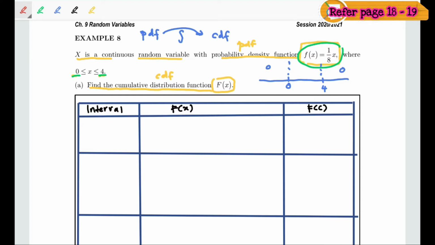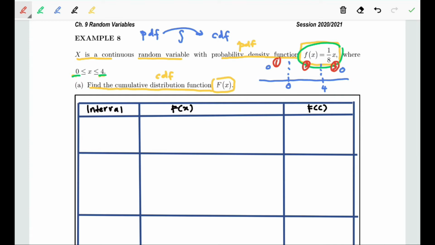So from here, we can notice that altogether we have 1, 2, and 3. Altogether, we have 3 intervals that we need to find the CDF for, the capital letter F(x).